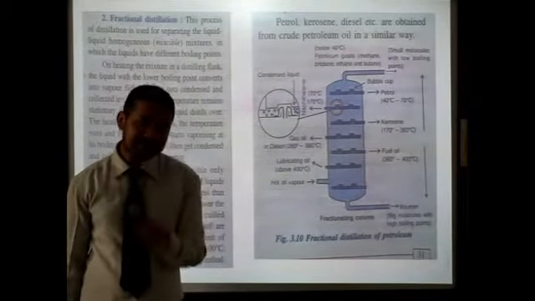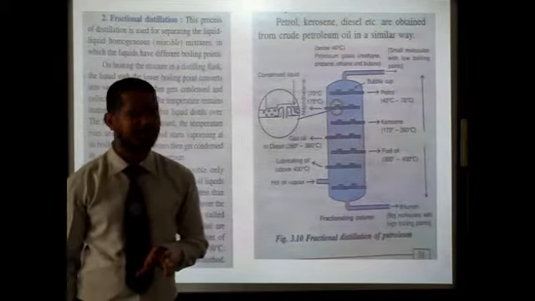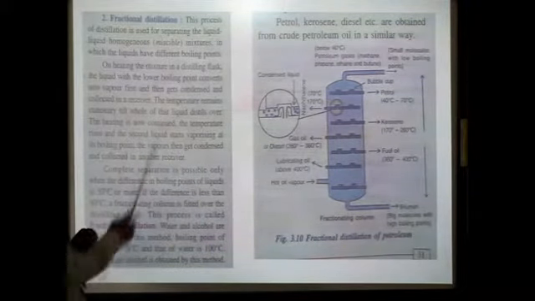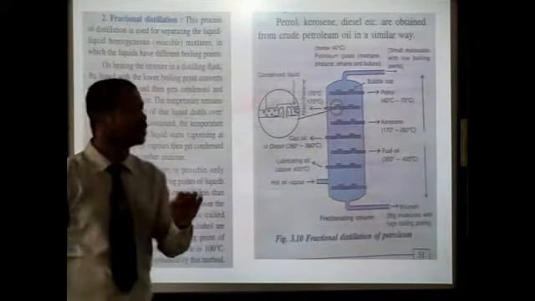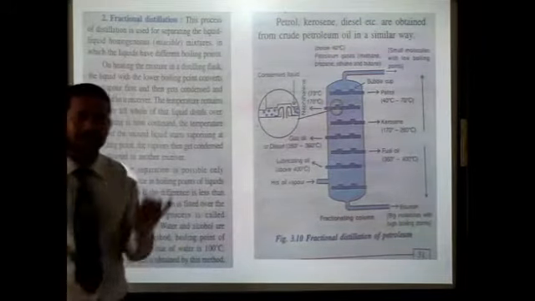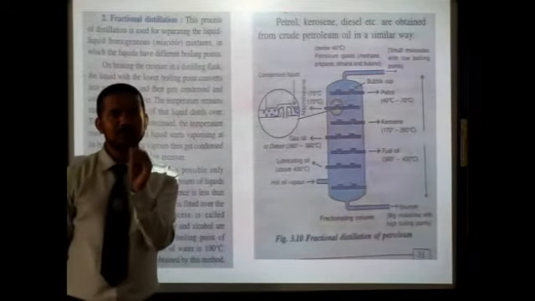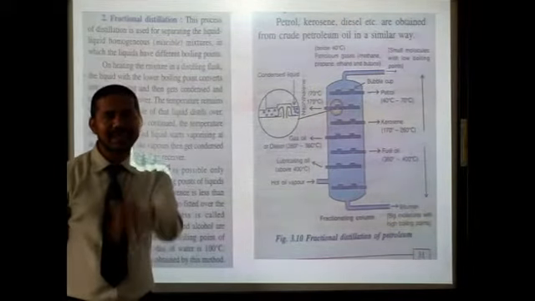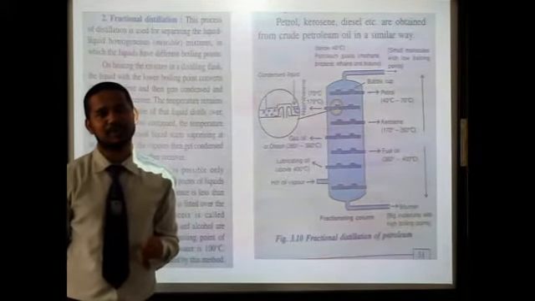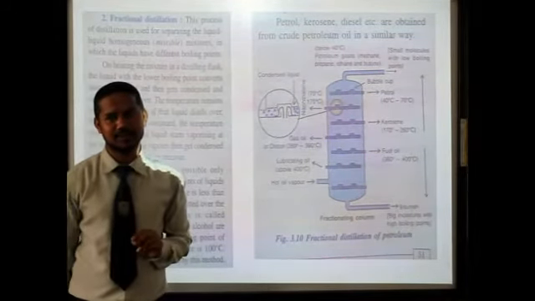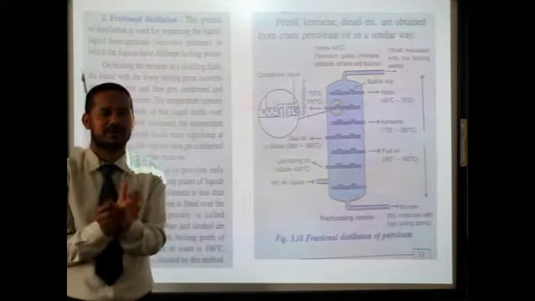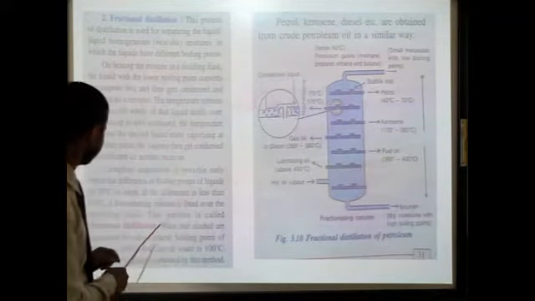But if it is less than 30 degrees Celsius, then you use fractional distillation. So one condition is they should have different boiling points. Another condition is that the difference between the boiling points should be less than 30 degrees Celsius.